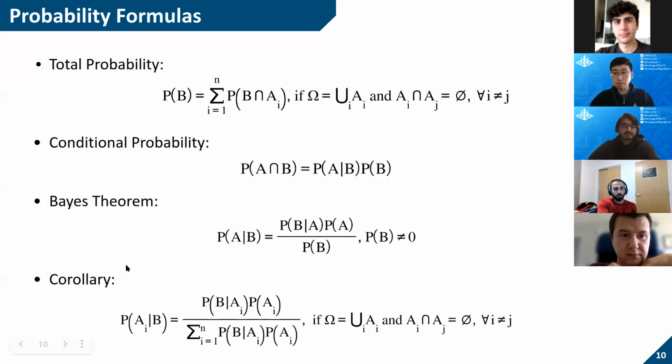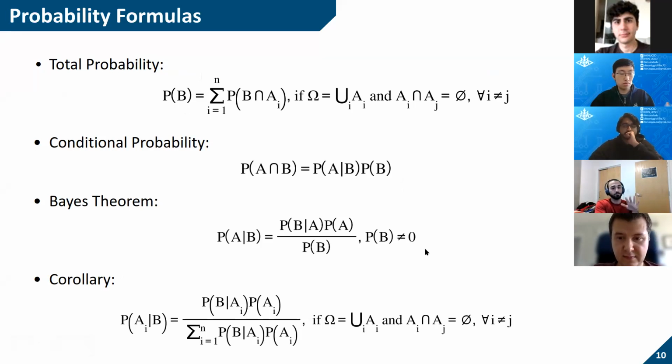I'll also go super fast through a bunch of probability formulas that we will use. Total probability says we can break down the probability of event B as the sum of probabilities of B and A_i, where the A_i are a partition of the sample space. We have the definition of conditional probability.